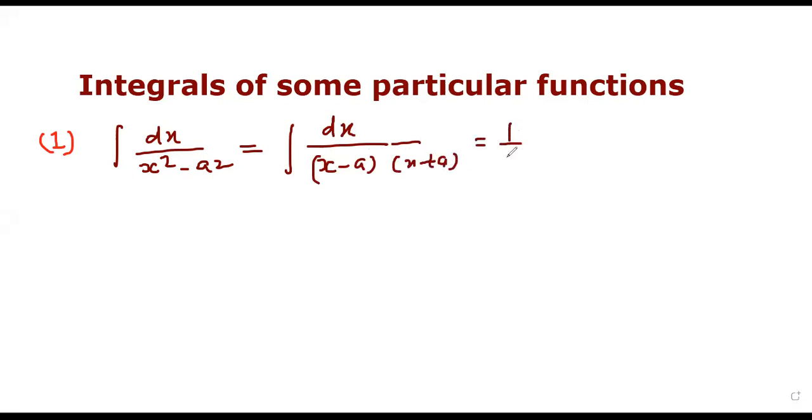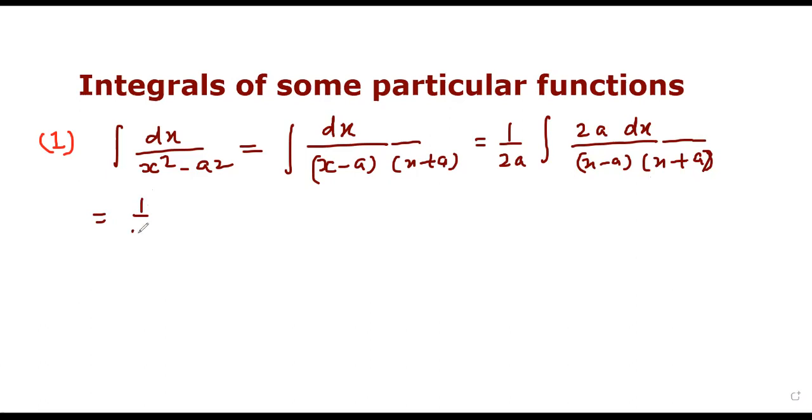We write 1 upon 2a integration, and here we write 2a dx divided by x minus a times x plus a. Let's introduce x. So this will become 1 upon 2a, and then we can write here x plus a minus x minus a.